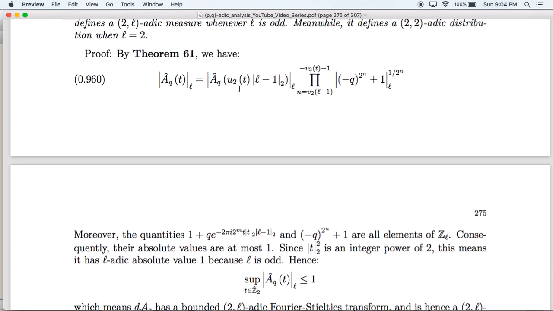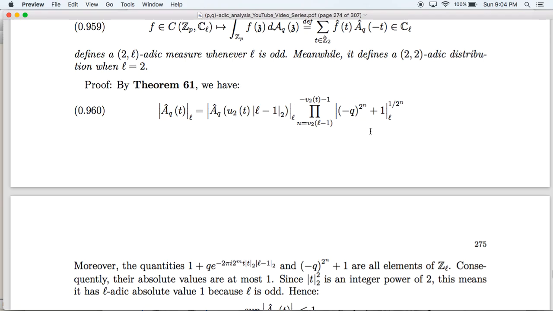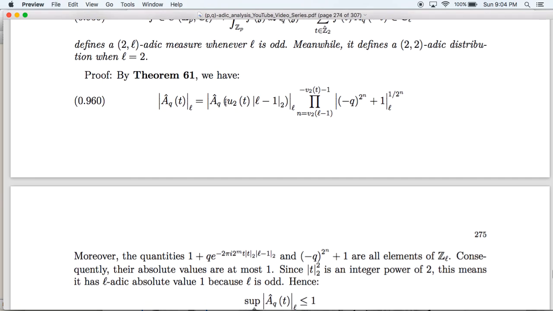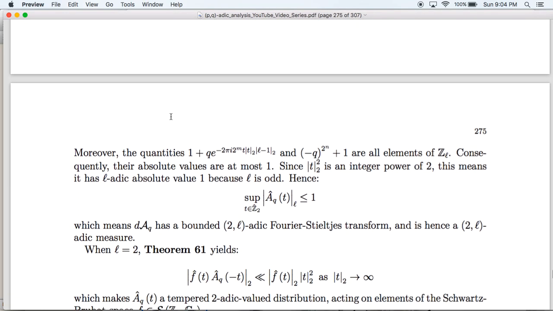And so here it just follows from the fact that this quantity is always going to have uniformly bounded l-adic absolute value, as is this thing. This is just from the observation that A_q hat for any prime l not equal to 2 is going to be an l-adic integer, which means it's bounded in absolute value by 1, and therefore it defines the Fourier-Stieltjes transform of a measure.